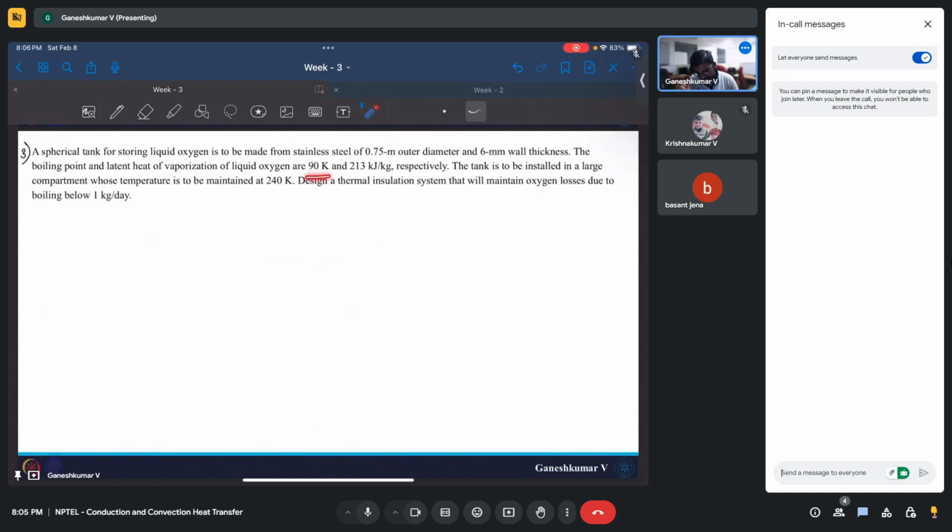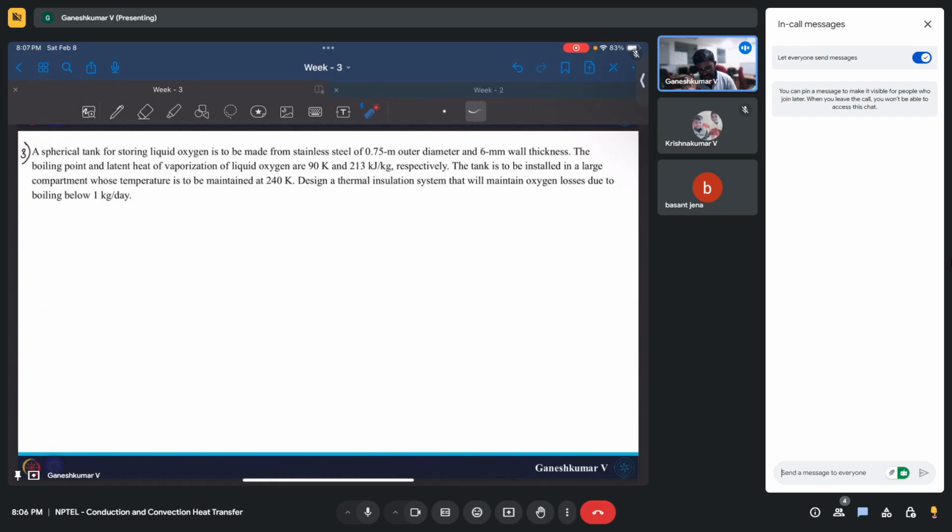So what we are trying to do is design a spherical tank which is going to store this liquid oxygen and can be installed in the space shuttle. Inside the tank it will be 90 Kelvin, and I want to put some insulation on top of this tank such that we will not have any heat coming from outside.